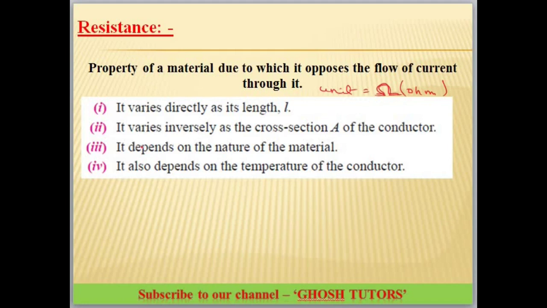Then what are the factors on which resistance depends? It varies directly as its length. It means R is directly proportional to length. It varies inversely as the cross-sectional area of the conductor. It means R is inversely proportional to area.